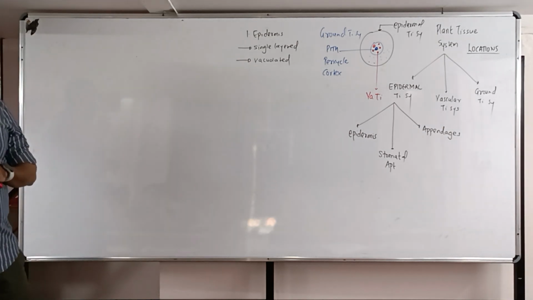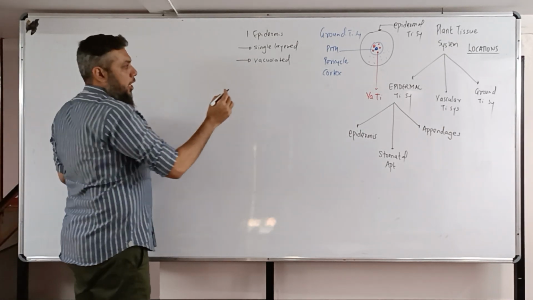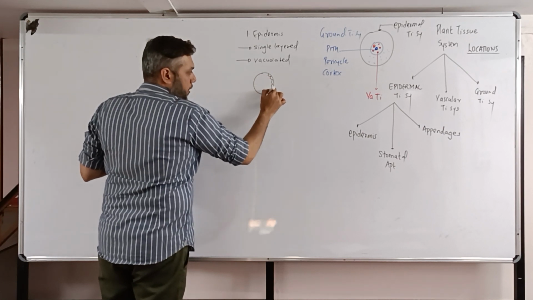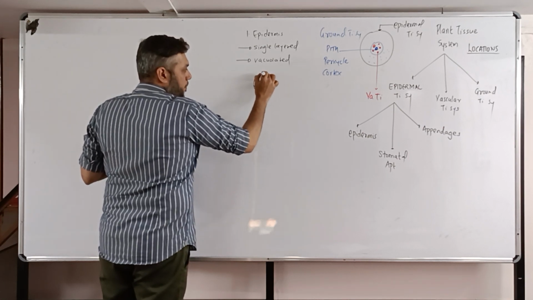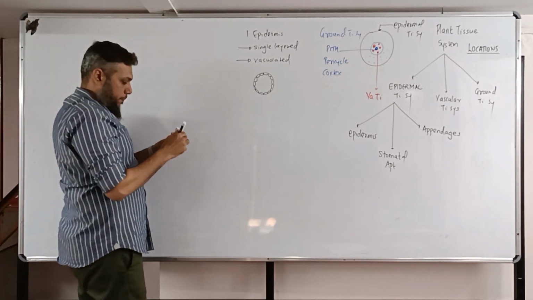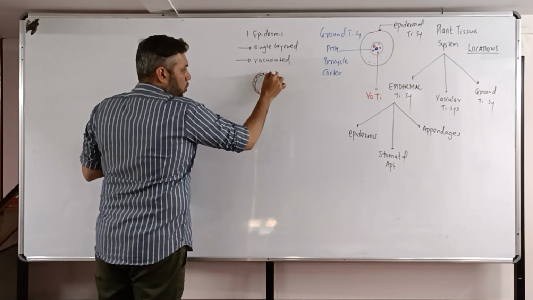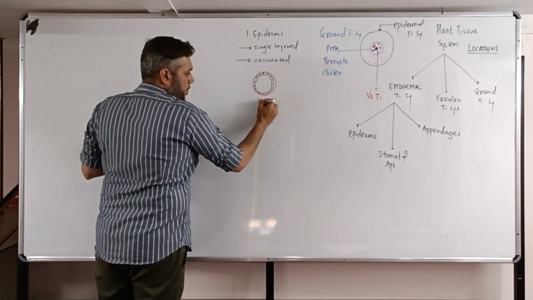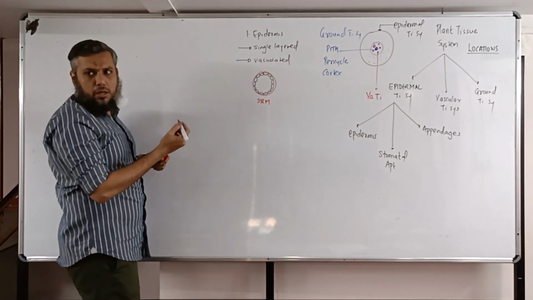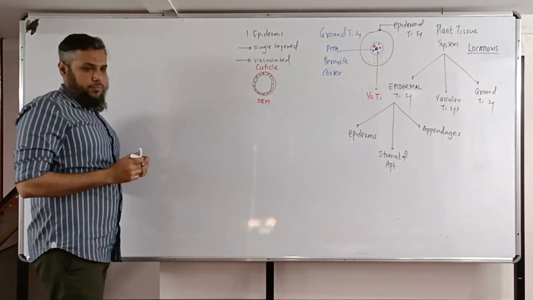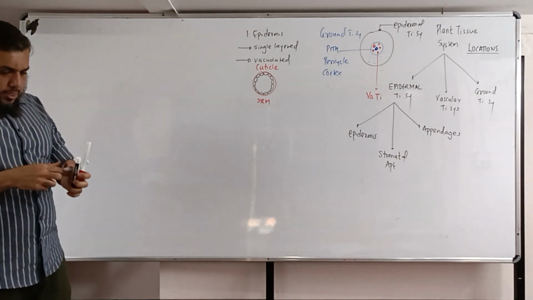Now, if I look at the epidermis of the stem, this is the outermost layer of the stem. It will be covered by a waxy coat, which is called the cuticle. Got it?